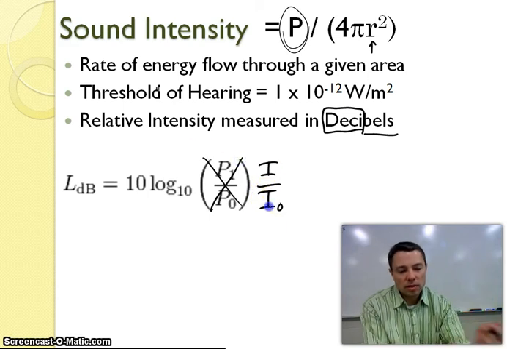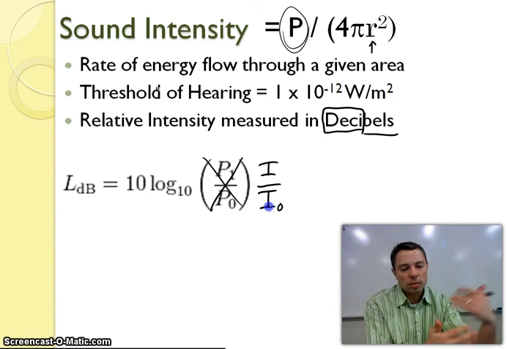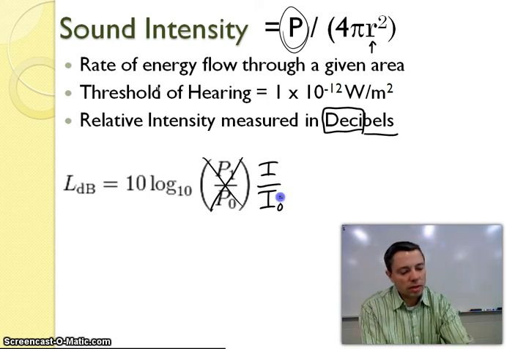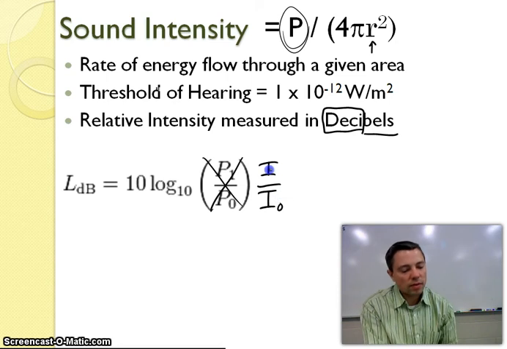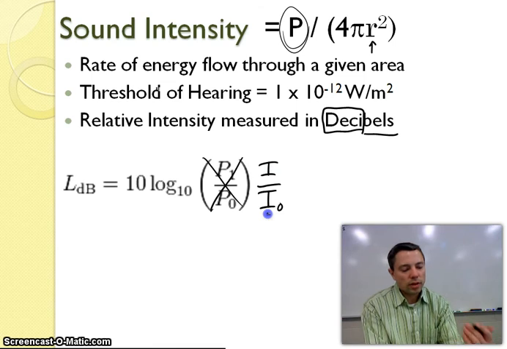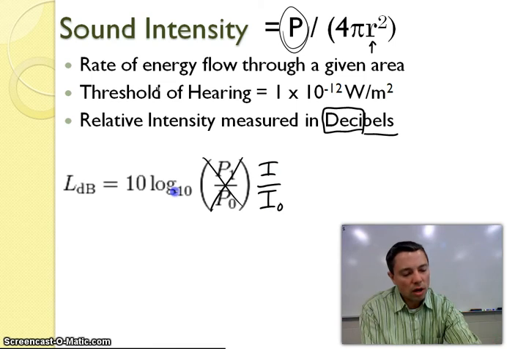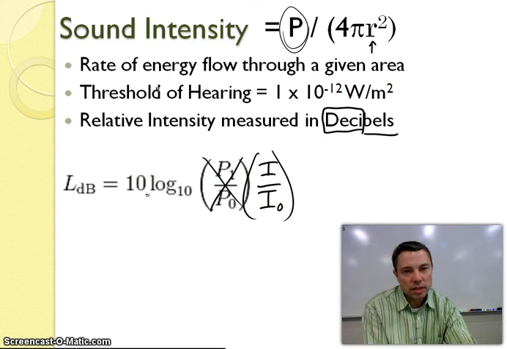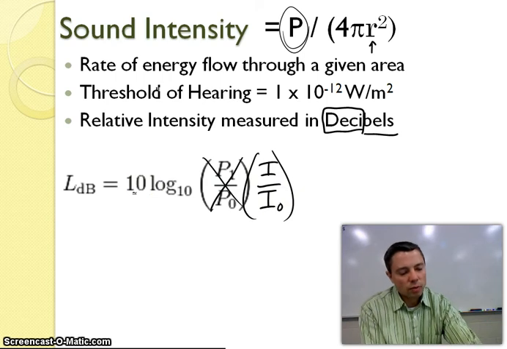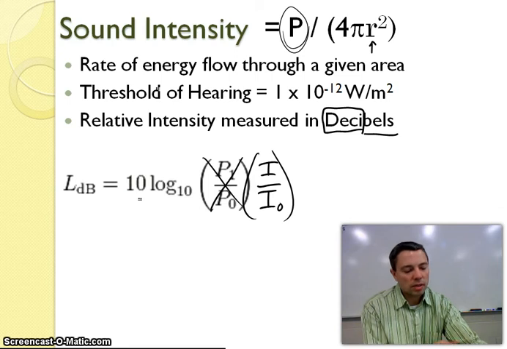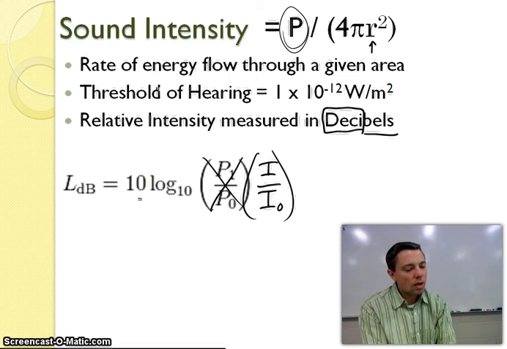But again, it's relative to that propagation, which is spherical. So I like to look at it this way: this is the intensity that's given, and this is the threshold of hearing. You find the ratio between the two, and then you take the log of that. To get it into decibels, you just multiply by 10. If we left it without the 10, that would be in the unit bells, but with the 10, it's in decibels. That's how we're going to go through and do that type of thing.